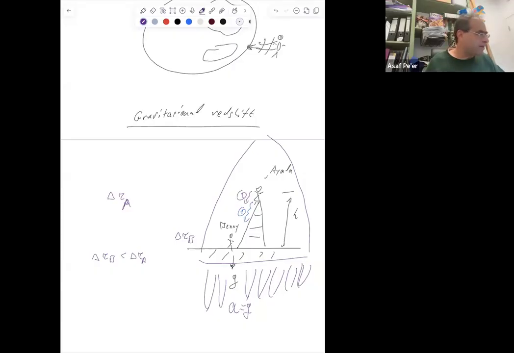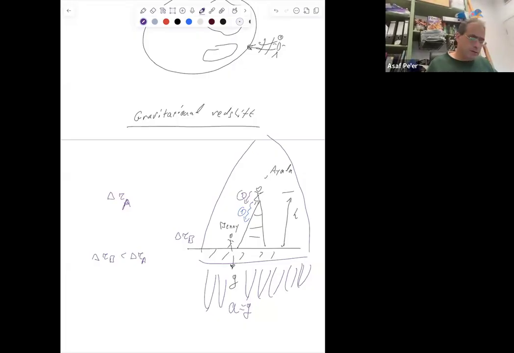And because of that, when Benny receives the signal, he's moving slightly faster because of that acceleration than when Ayala was when she was emitting the signal.